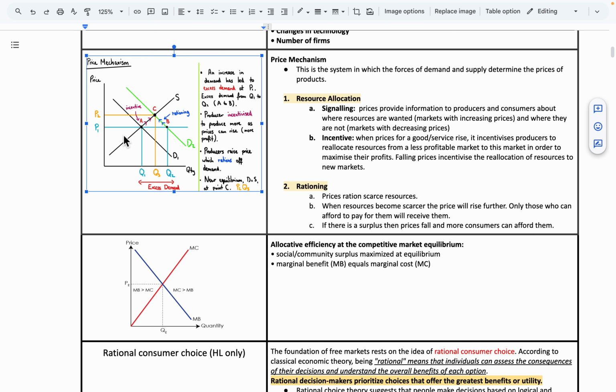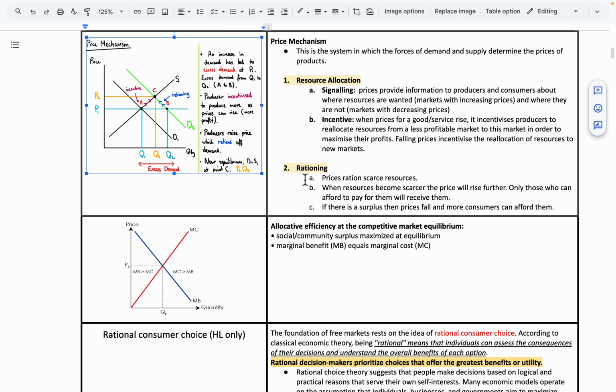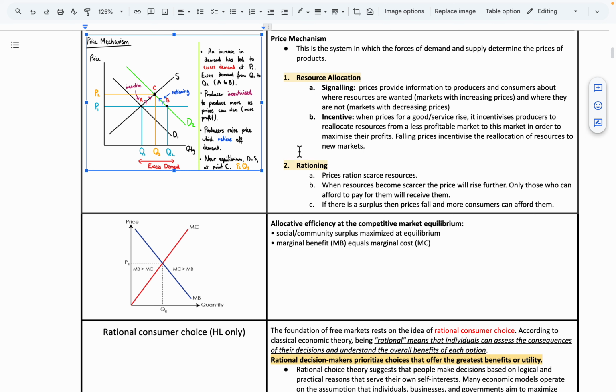Okay. And for number 2, we have rationing. So this means prices ration scarce resources. So when resources become scarcer, the price will rise further. Only those who can afford to pay for them will receive them. So if there is a surplus, prices fall and consumers can afford them.